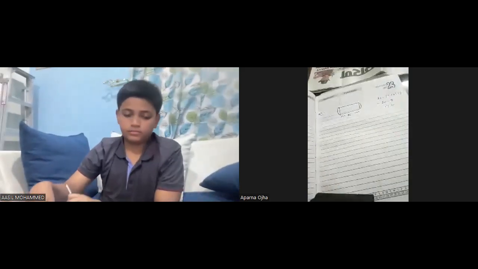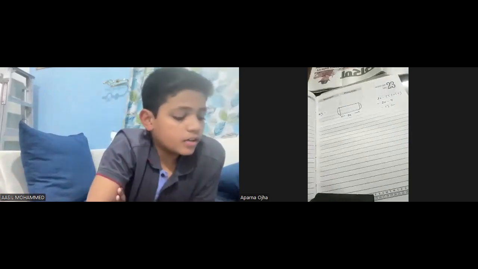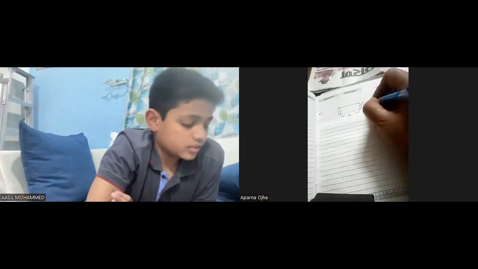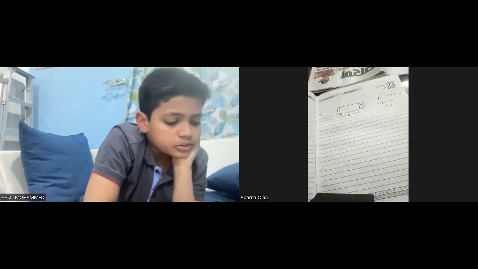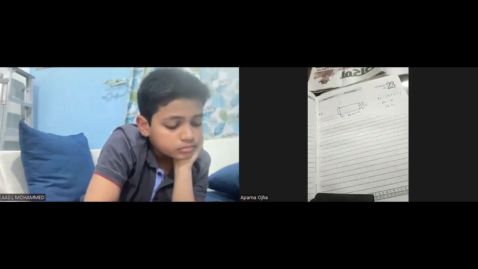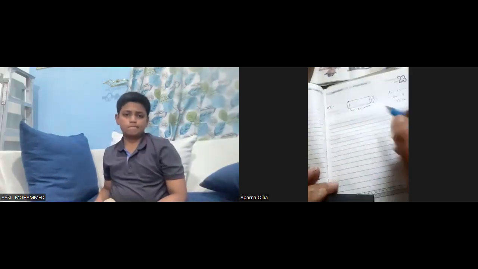And I think this is given 7. Yes, it's given 7. Can you find the area of the rectangle? Because this is in the rectangle shape.